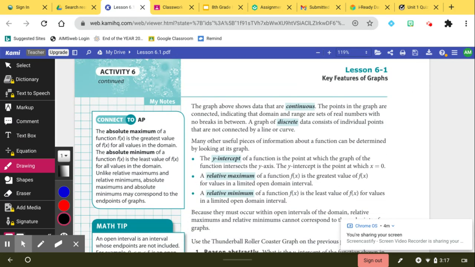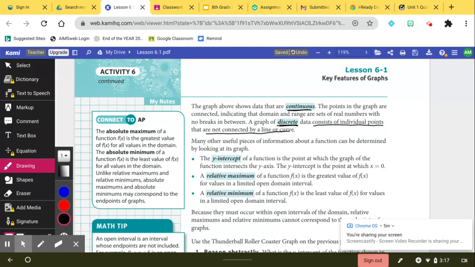Another key thing that we're going to talk about is the difference between continuous and discrete data. This graph above shows data that are continuous, meaning that the points in the graph are connected, indicating that domain and range are sets of real numbers with no breaks in between. A graph of discrete data consists of individual points that are not connected by a line or a curve.